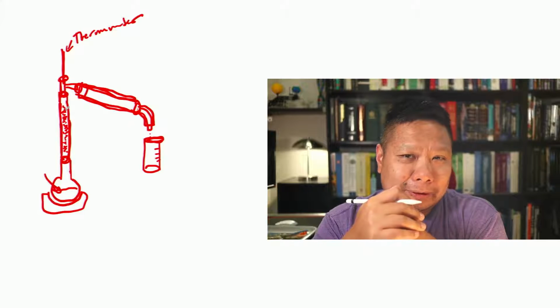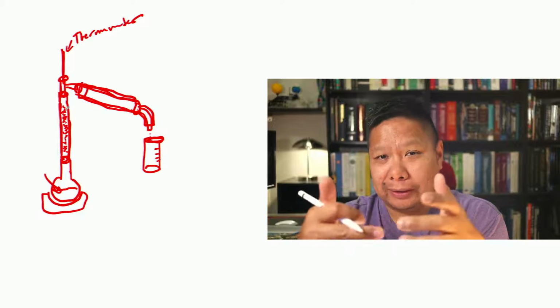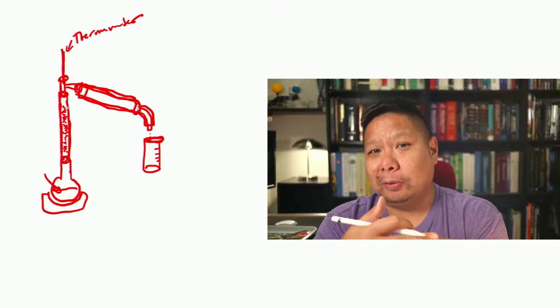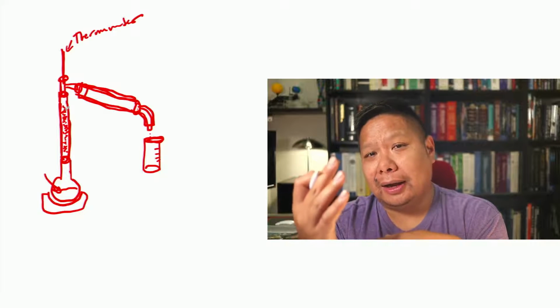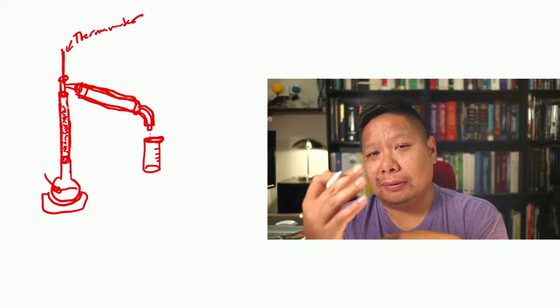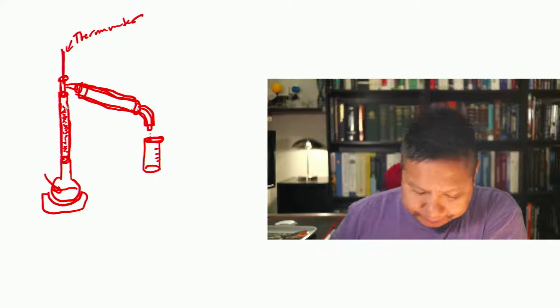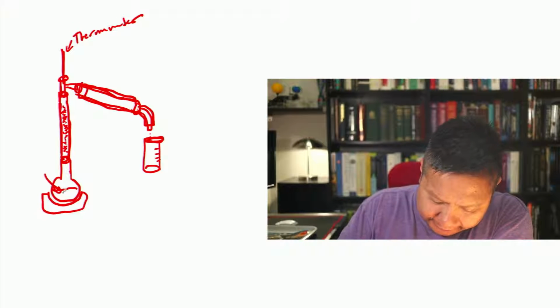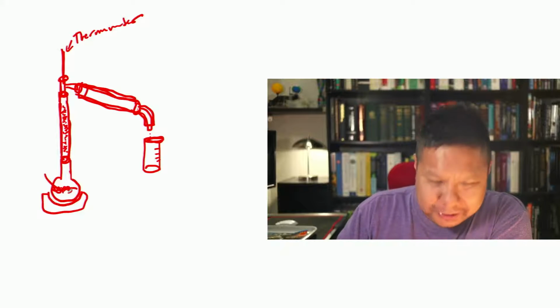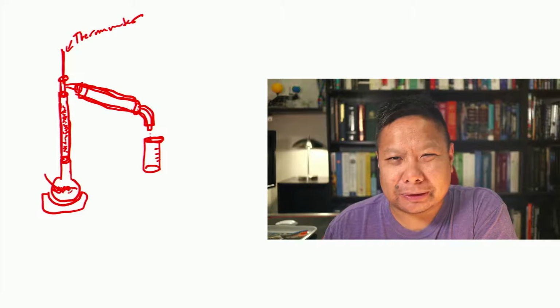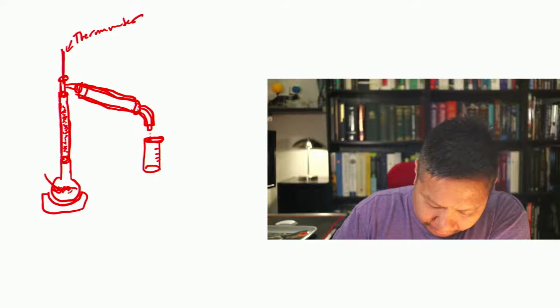You can see how if you boil it, the thing that has the lower boiling point will evaporate first, and the thing with the higher boiling point will evaporate later. In this case, the ethanol will evaporate first. So we turn on the heat, and it starts to bubble. Usually there are boiling chips in there so you can control the bubbling, and the alcohol vapor starts to float up the column.